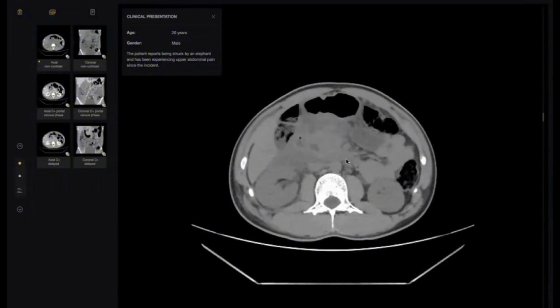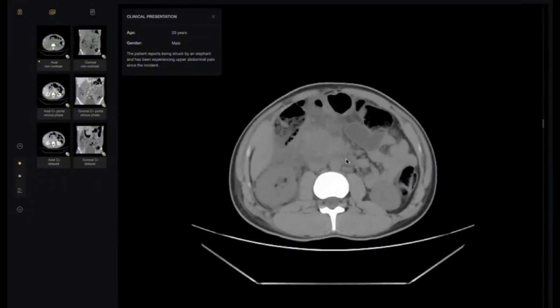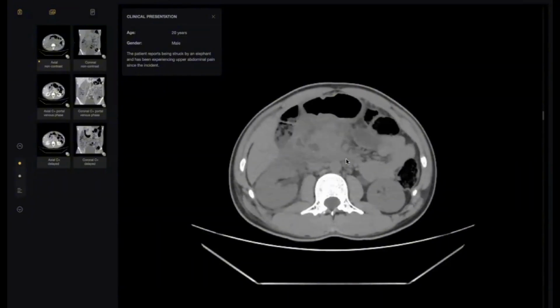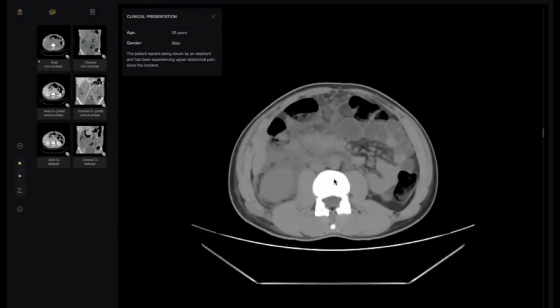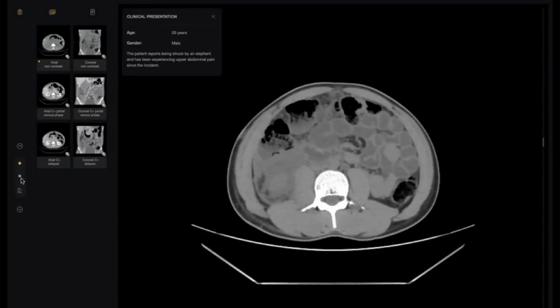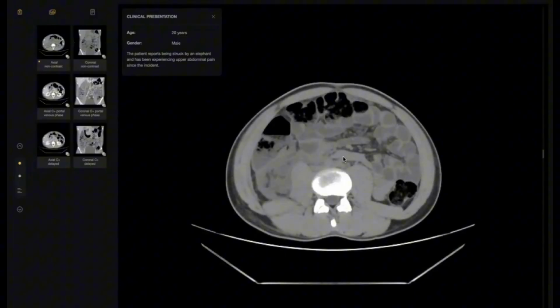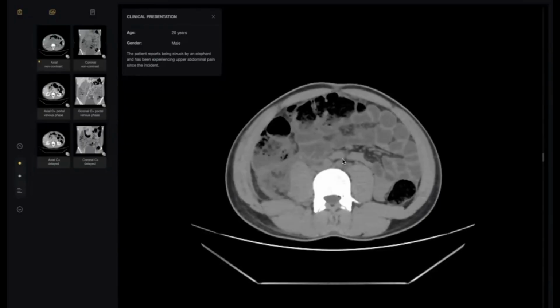The pancreas cannot be clearly visualized, which I would like to review on the post-contrast images as well. I cannot outline the boundaries of the pancreas. As I am scrolling, there is heterogeneity and mesenteric stranding noted in this region as well.